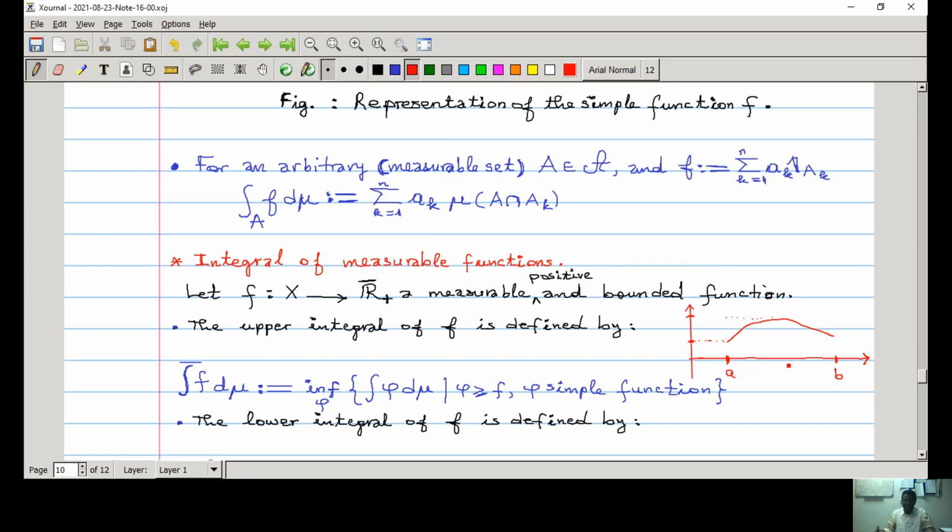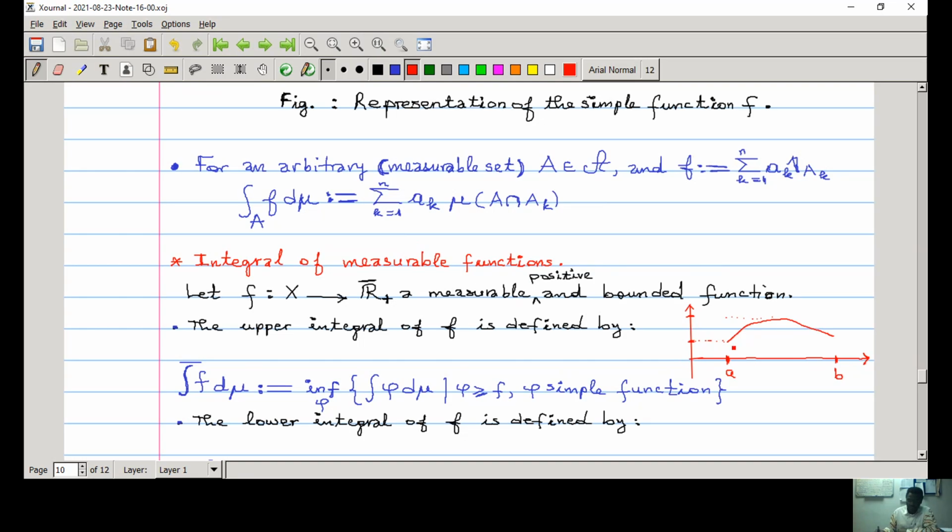And then you look at the pre-image. The pre-image of these values that the function will take will give you the A's, these A sub k's. We don't chop this into subintervals. We don't partition A. We start with the values taken by the function, and that's why we partition.